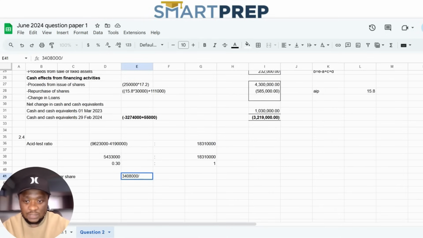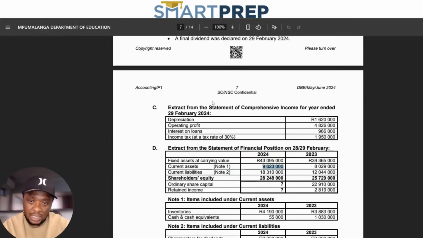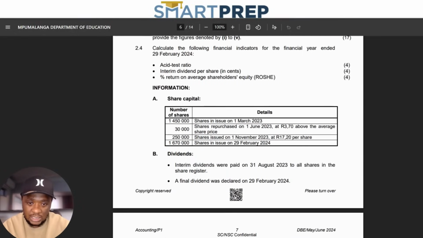Then you divide by the number of shares that were in issue at the time that the interim dividend was paid. The interim dividend date was 31 August 2023, which is after these shares were repurchased, but before there was an additional amount of shares issued.